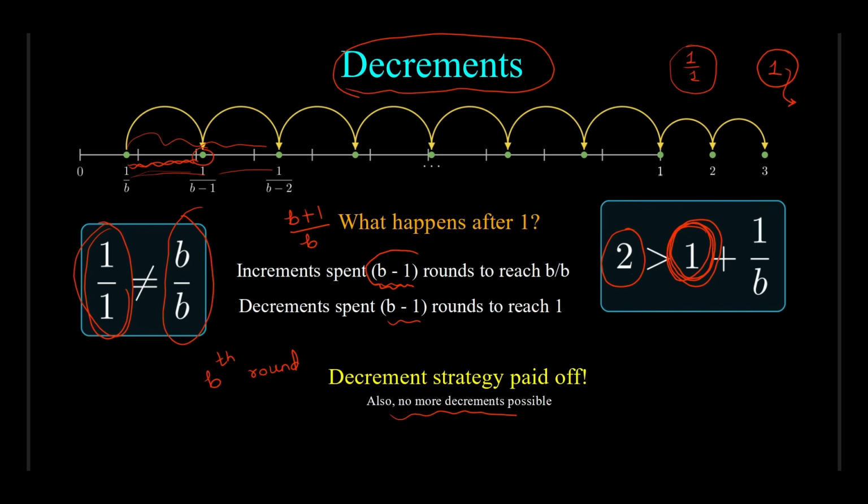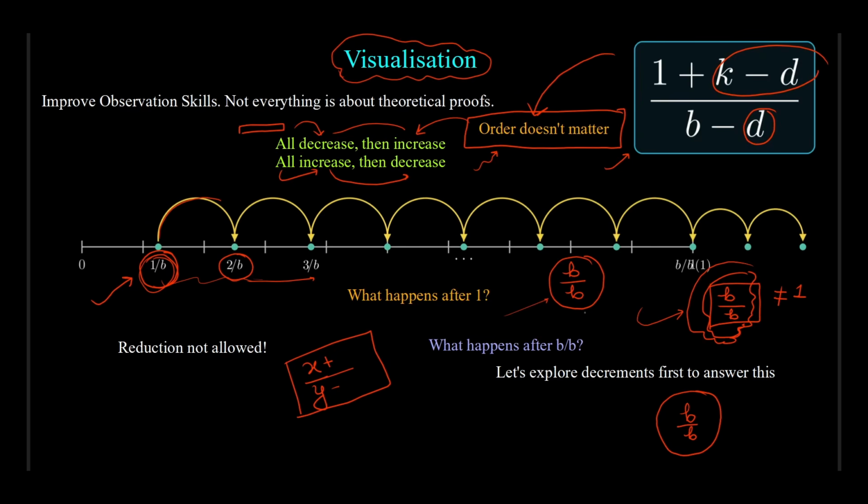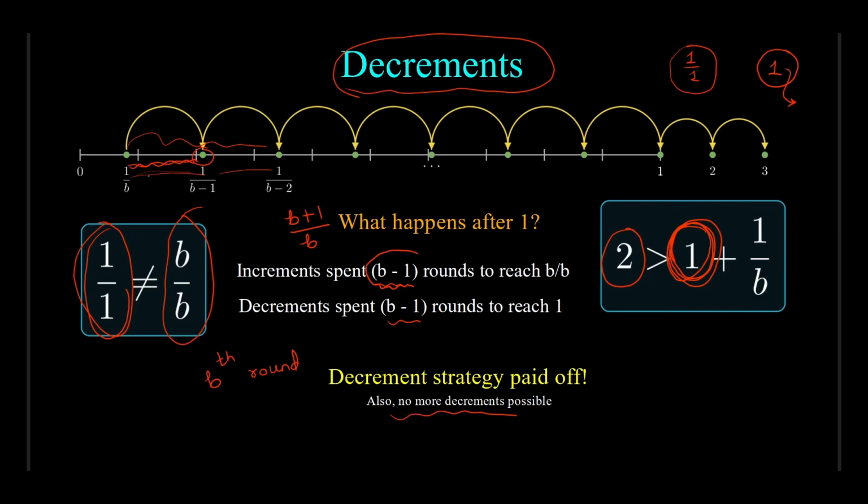And how did we encounter one? Not from this b by b. This might be complex and might be hard for beginners to see or catch. But once you started doing the operations, and once you started playing around with the decrease operations, it was clear that at some point you will reach one by one, and at that point you might get some motivation to compare it against b by b.